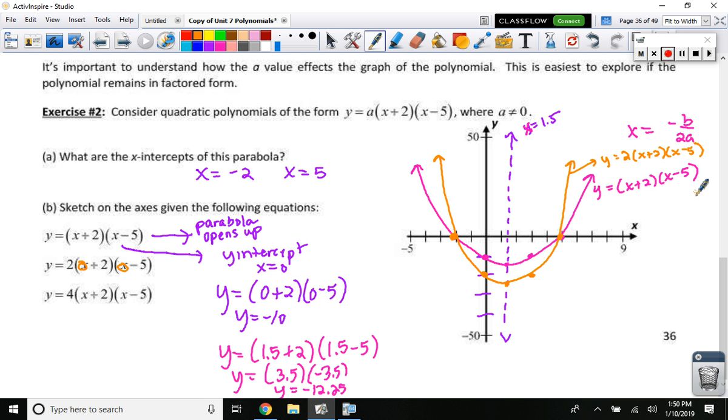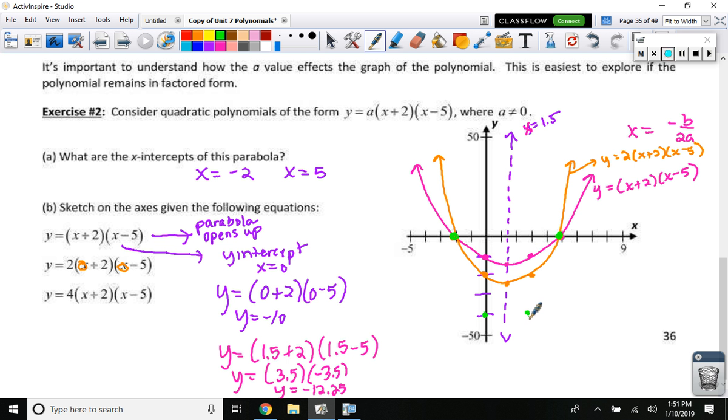So what's going to happen to the next one? Are the roots going to change? No. Roots are still the same. What about my y-intercept? Times 4. Times 4, right? Which one times 4? The first one, right? Times 4. You're down at negative 40. And then what?